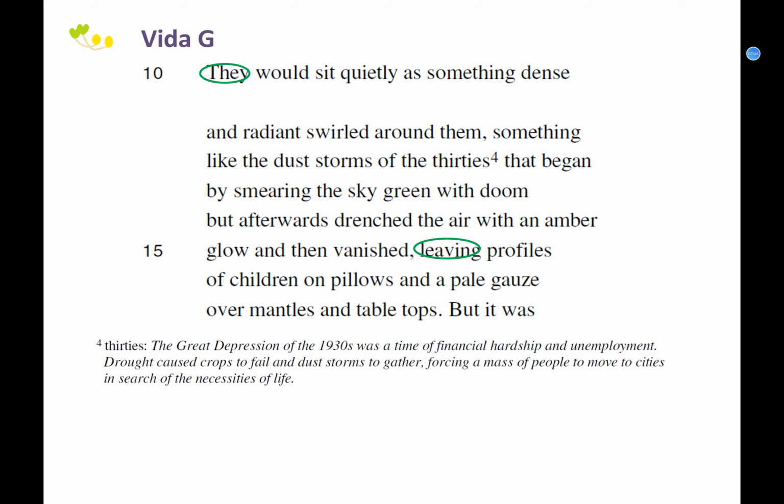His parents leave profiles of children on pillows. And also we look at this part, something like to vanish. So the dust storms began, drenched, and vanished. You have to identify the subject of these verbs. Then you know the meaning of the sentence.